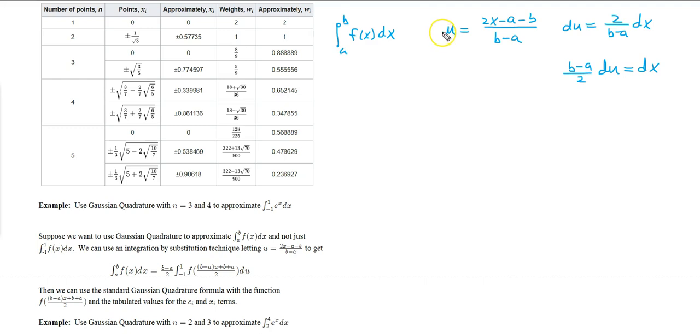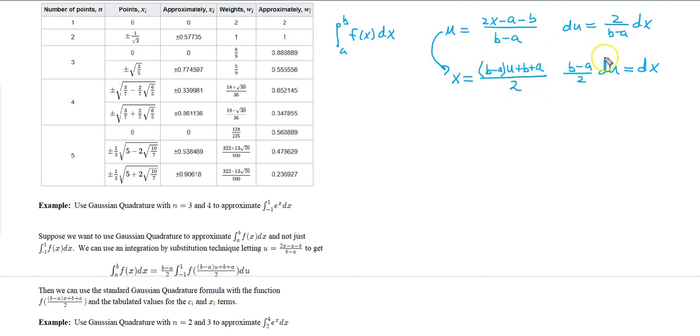Now also, if we take this equation here and we solve it for x in terms of u, what we're going to end up with is that x equals this. You can just check that out. Just take this equation, solve for x in terms of u, and you'll get this.